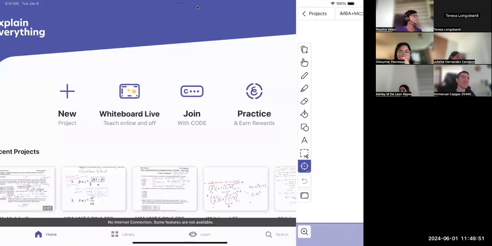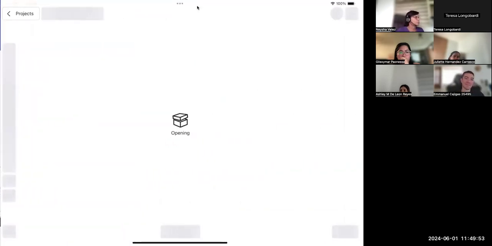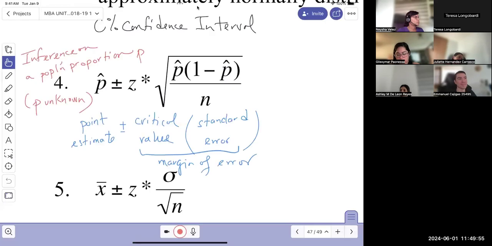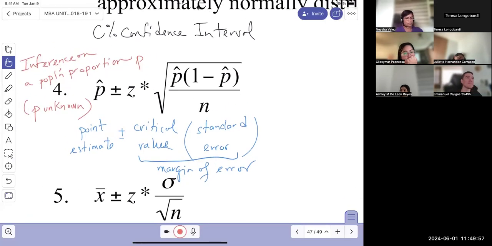So we can control the n, but the question that we're heading for is, what should the n be? What is it going to depend on? Well, it's going to depend on the z star, and it's going to depend on the p as well. So these are the variables: the p hat, the z star, and the n.